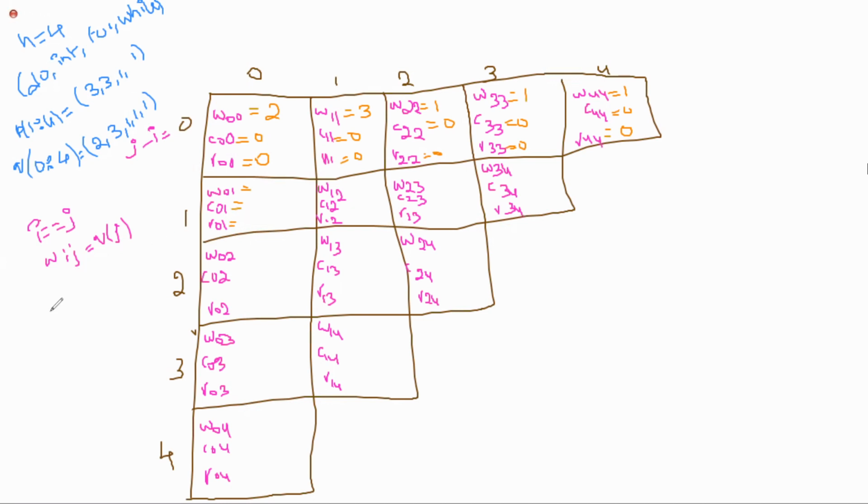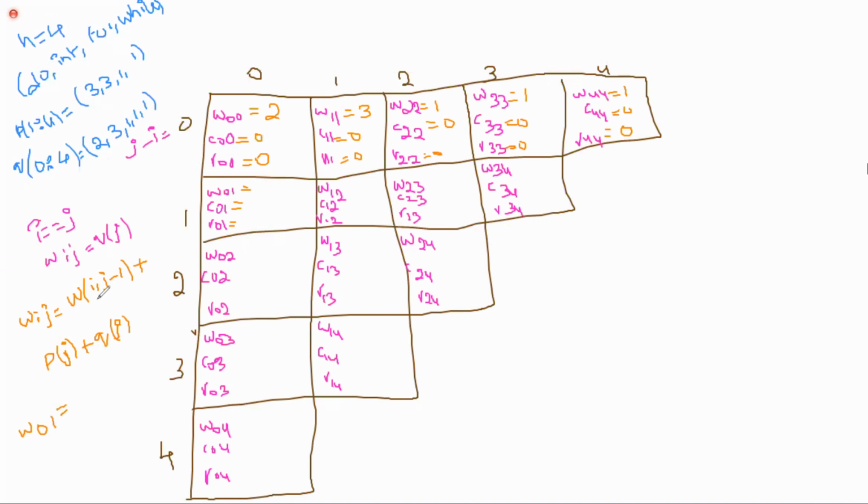When I and J are not equal, the formula for Wij is W of I comma J minus 1, plus P of J plus Q of J. W01 you are finding.